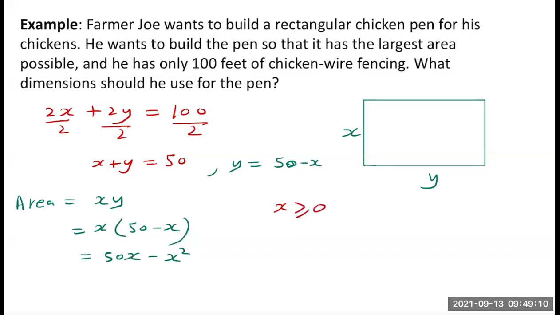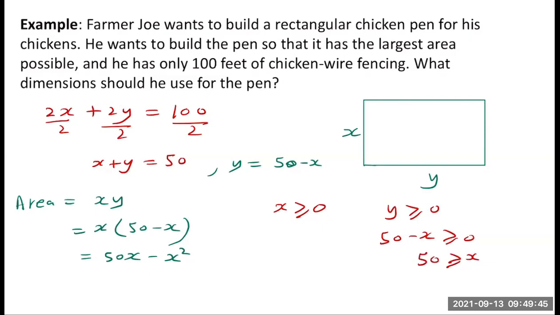And also, you know that your y is the length of the rectangular region. That means y also has to be greater than or equal to 0. So from this equation, I can argue that my y also should be greater than or equal to 0. What does that mean? Y greater than or equal to 0 means 50 minus x should be greater than or equal to 0. That means your x has to be less than or equal to 50.